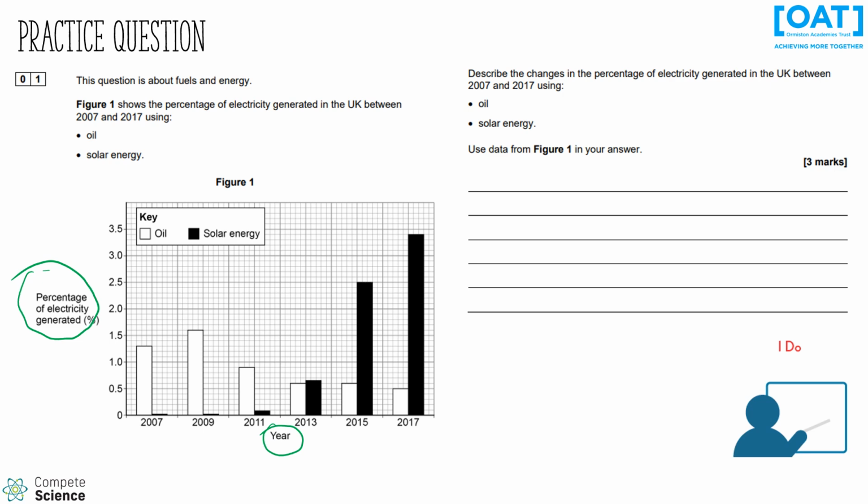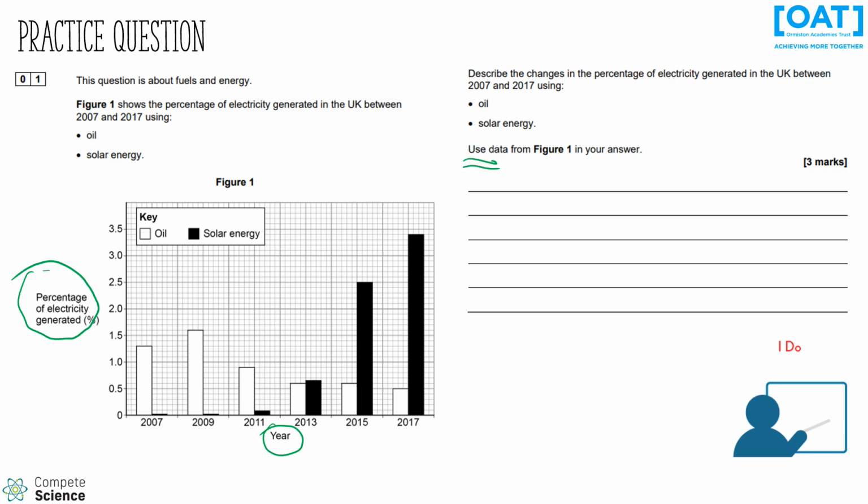We've got a key showing us two different bars showing us the percentage of electricity produced using oil, and a second one producing solar energy. So describe the changes in the percentage of electricity generated in the UK between 2007 and 2017 using oil and solar energy. Use data from the figure.